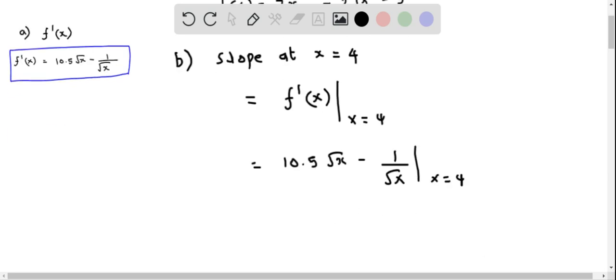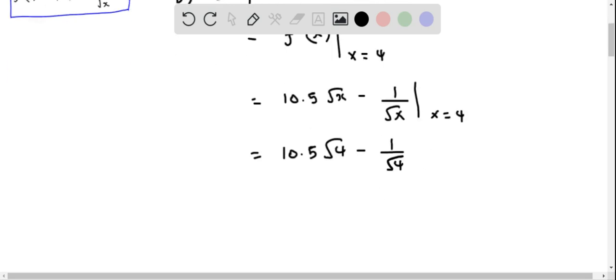So now we plug in x equal to 4 into this. So therefore this becomes 10.5 times square root of 4 minus 1 by root 4. And so this equals 10.5 times, square root of 4 is 2, minus 1 by square root of 4, which is 2.